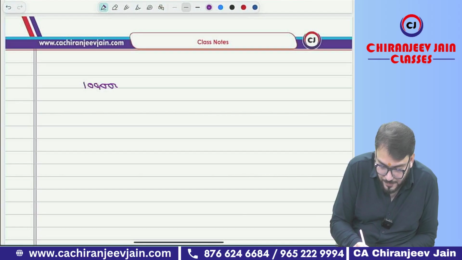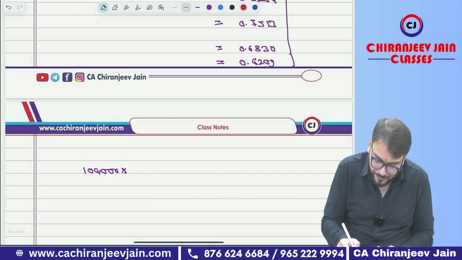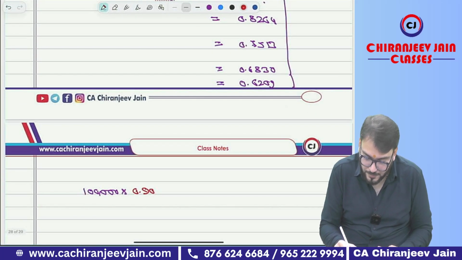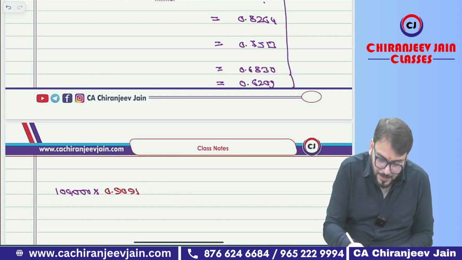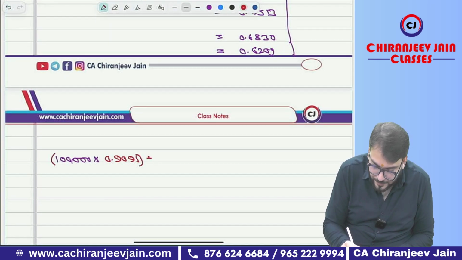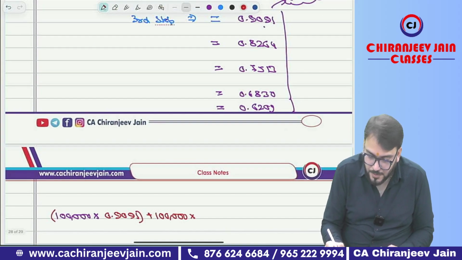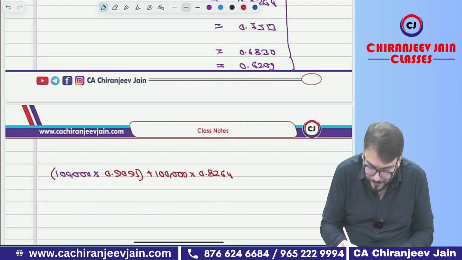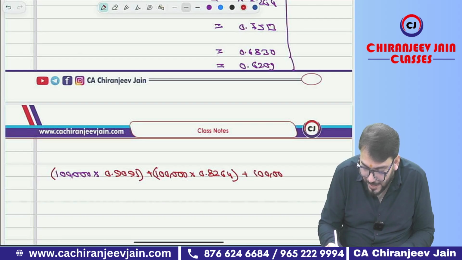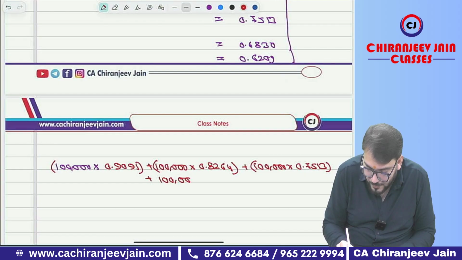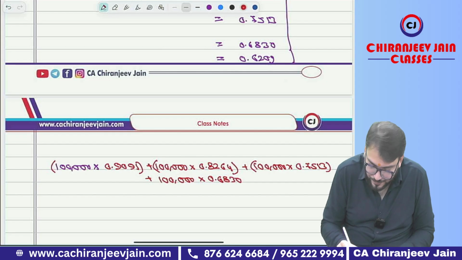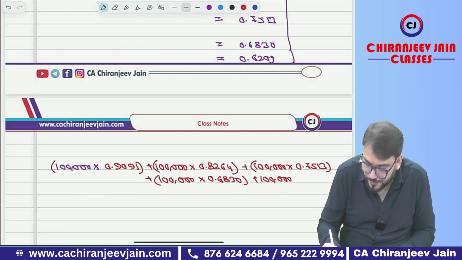We have done 1 lakh into 0.9091, plus 1 lakh into 0.8264, then plus 1 lakh into 0.7513, then plus 1 lakh into 0.6830, then plus 1 lakh into 0.6209. Yes, sir. We have done this.